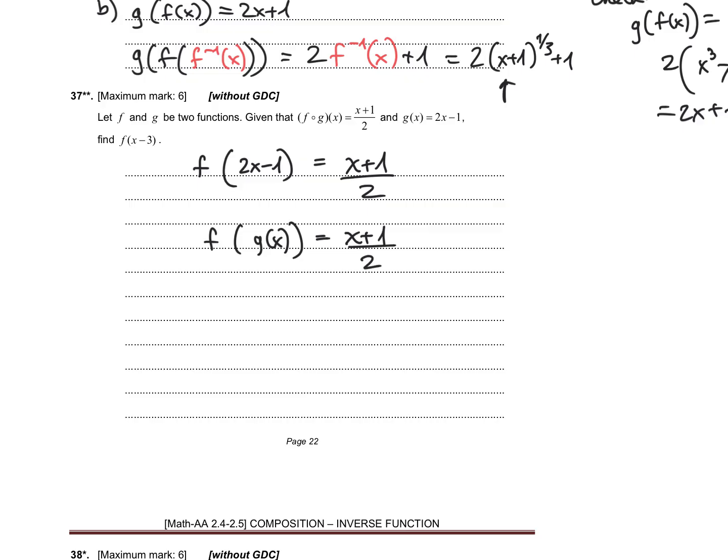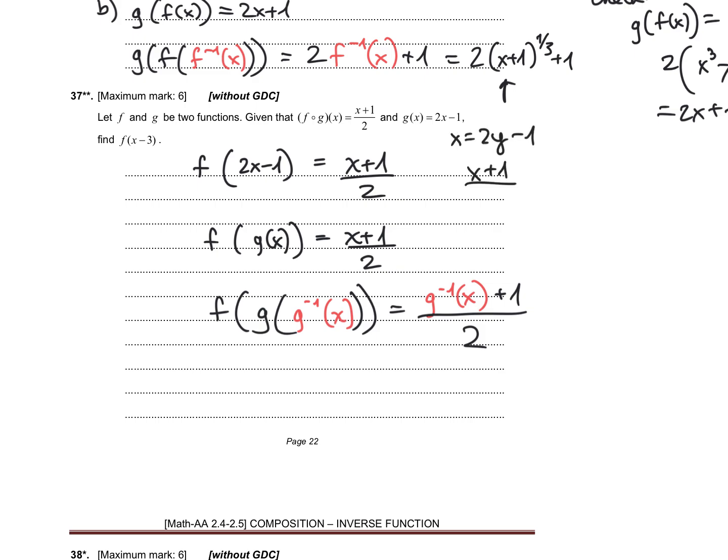Okay, so if we solve for f, what we're going to do is g of the inverse of g, which is going to be g inverse plus 1 over 2. If I find the inverse of g, equals g inverse.